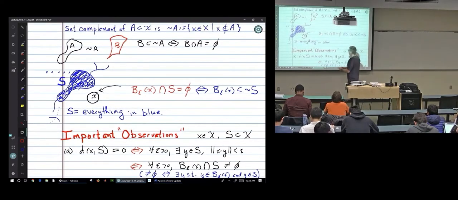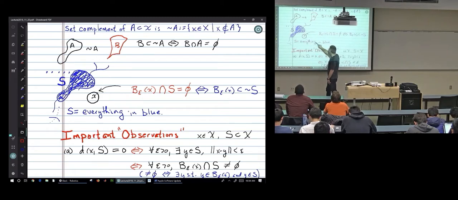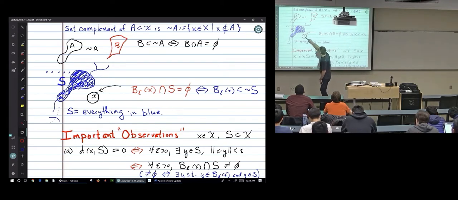Okay, so here's some crazy set S that has some filled in parts and some streamers and some disjoint points and stuff. And here's a point x that is in the complement of S, because S is everything in blue. So if you want to include this as being part of S, that's fine with me too, okay? And so here's a ball of radius epsilon about x, where epsilon is positive.